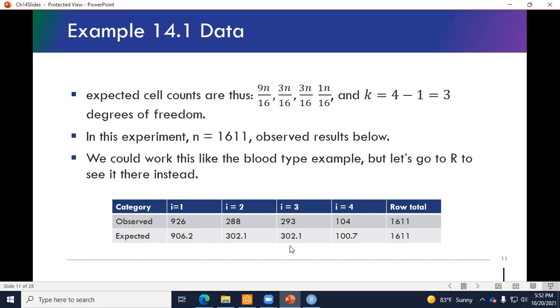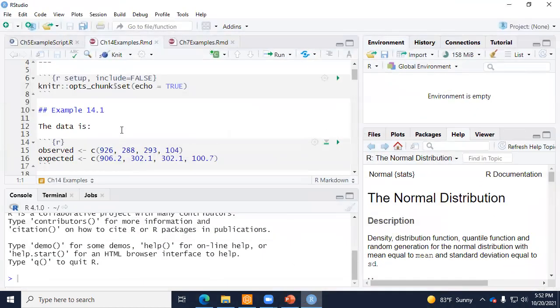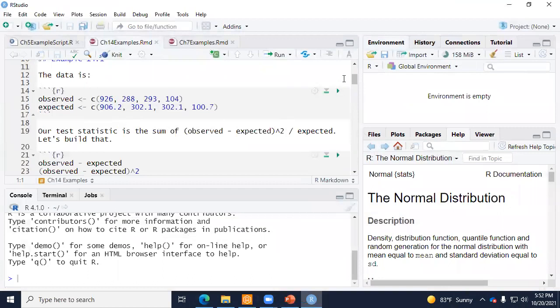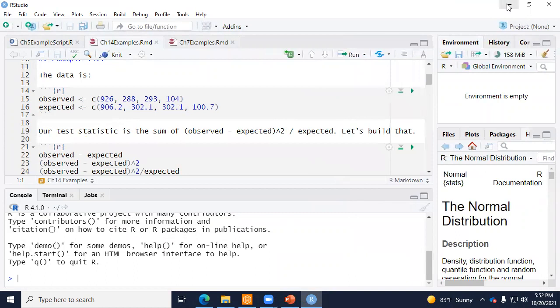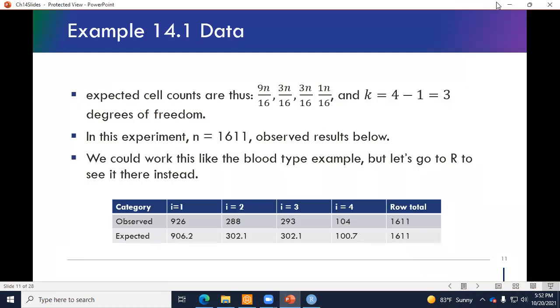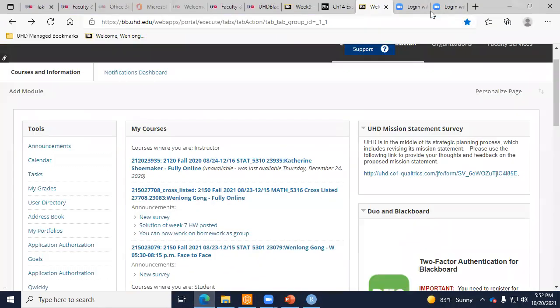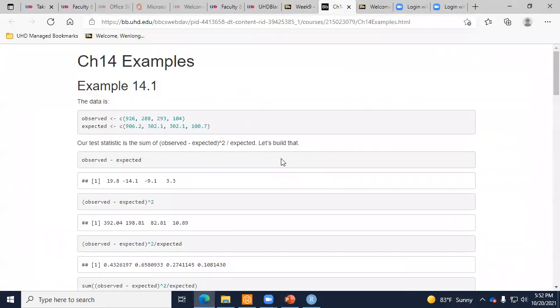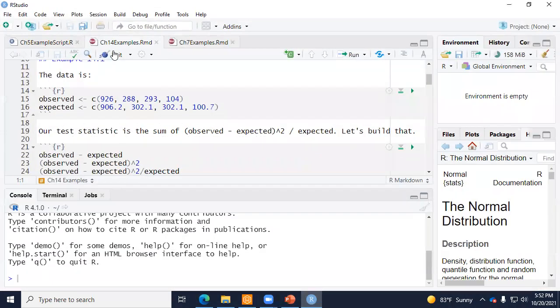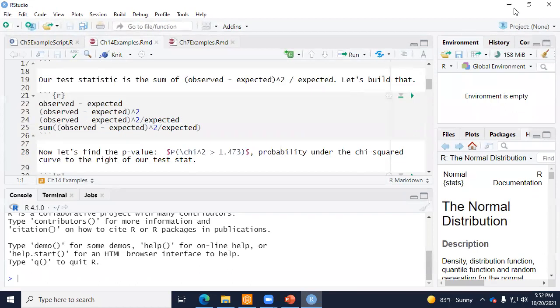And let's go to our, well, maybe it's easier. We'll just take a look at this R markdown file, and that's what it generated.